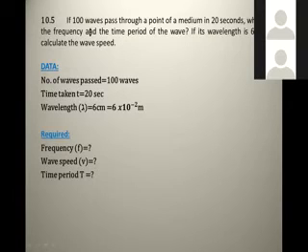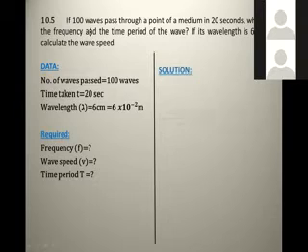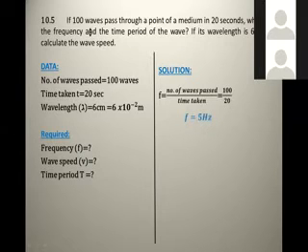Okay, Inshira, then tell me further what I am going to do. Ma'am, to find frequency, number of waves divided by total time, and then put the values. Then the final answer is 5 hertz. Okay, then tell me what should be the next formula? Ma'am, the speed formula?